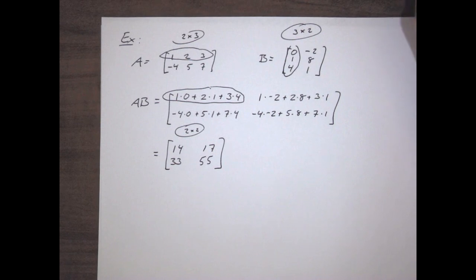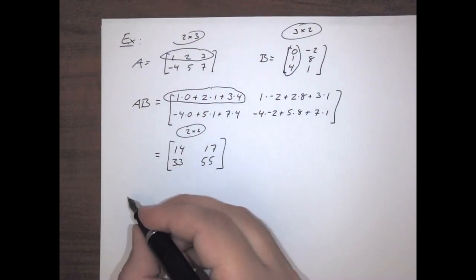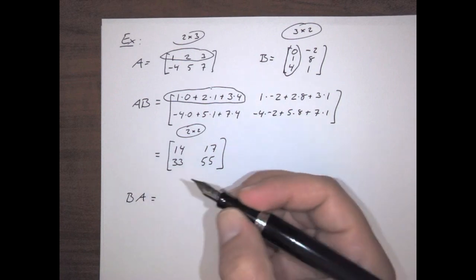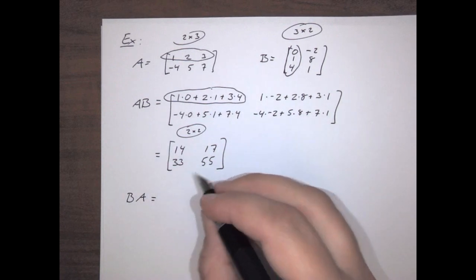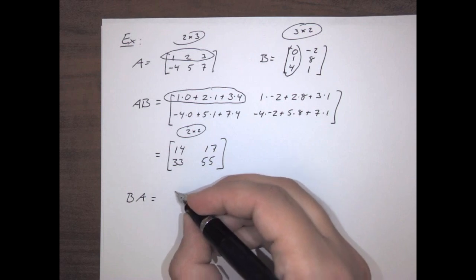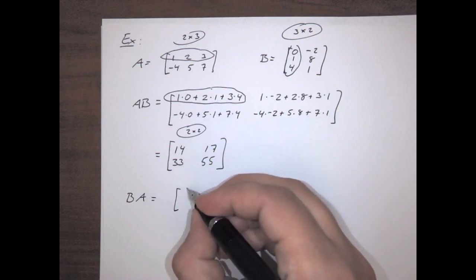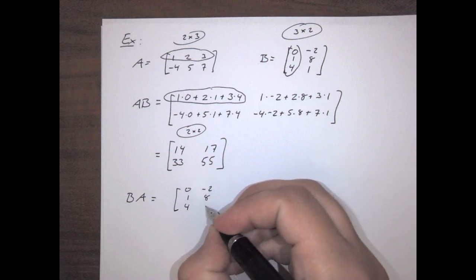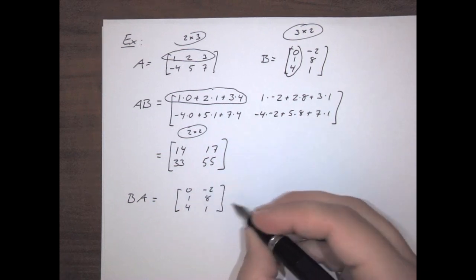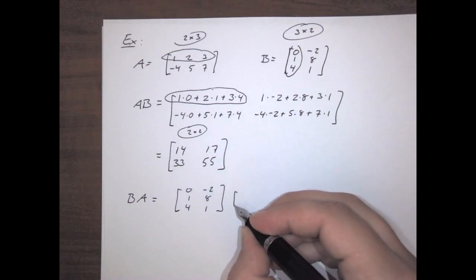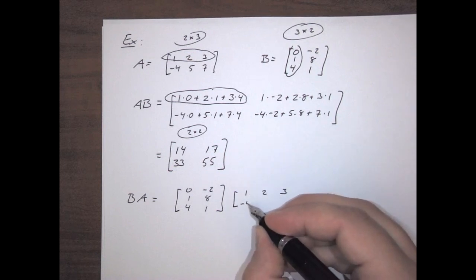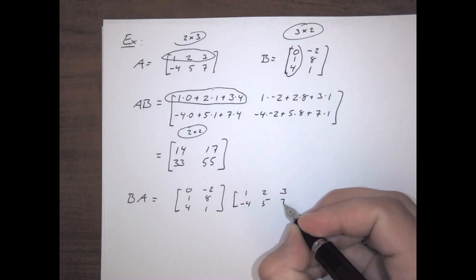Now, what if I decided to reverse things and do B times A? So B times A is now going to be 0, 1, 4, -2, 8, 1, times 1, 2, 3, -4, 5, 7.